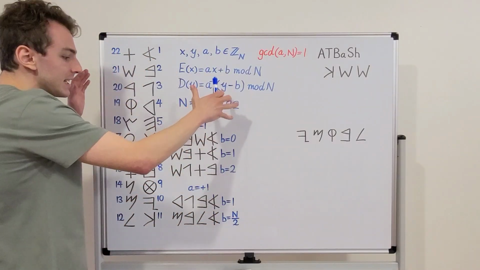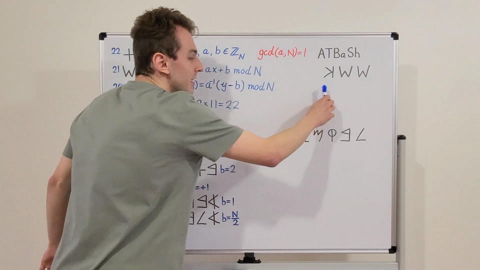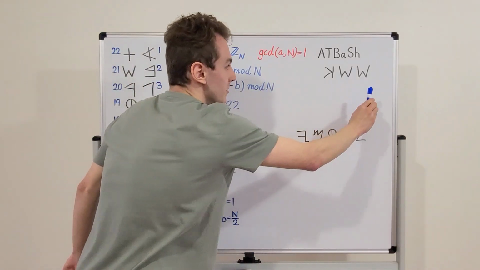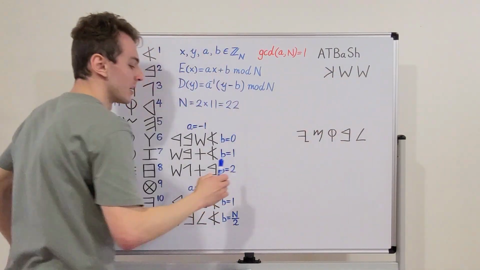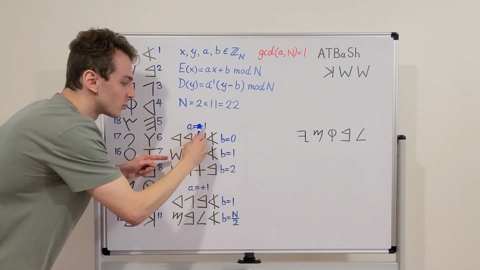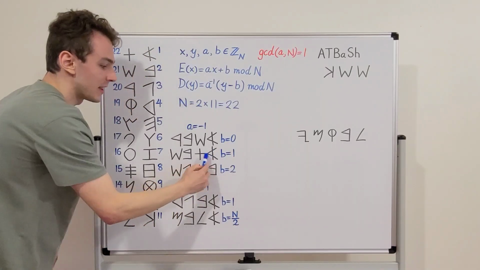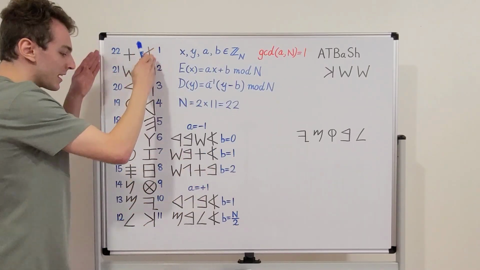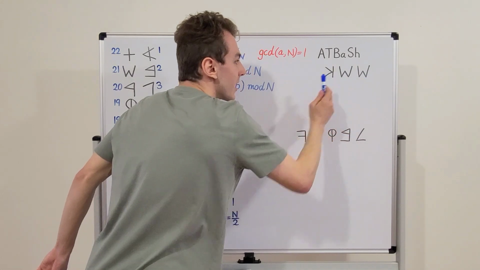So now that we have seen these examples, we can go over here and we can do some decryption. So we're going to use the ATBaSh cipher. That is this second example. So ATBaSh corresponds to a equals minus 1 and b equals 1. So that is this one over here. So what we need to do is identify shin, shin, kaf.